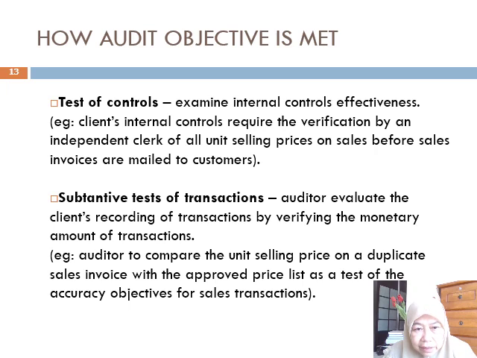Okay, the second test is where the auditor tests the financial transactions of the client, and this is what we call substantive test of transaction. The auditor evaluates the client's recording of transactions by verifying the monetary amount of transactions.